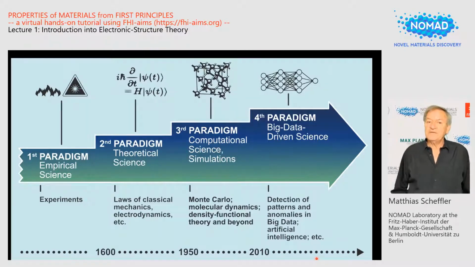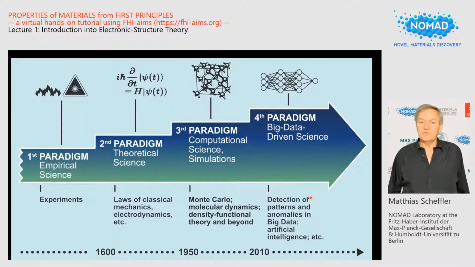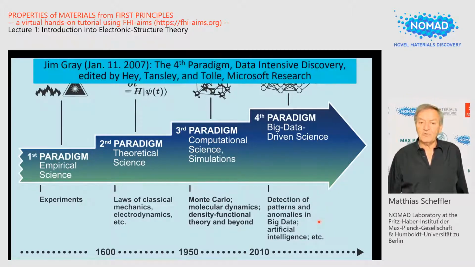Today, big data and artificial intelligence revolutionize many areas of our life, and material science is no exception. Jim Gray had probably first discussed this fourth paradigm, arguing explicitly that big data reveal correlations and dependencies that cannot be seen when studying small data sets.